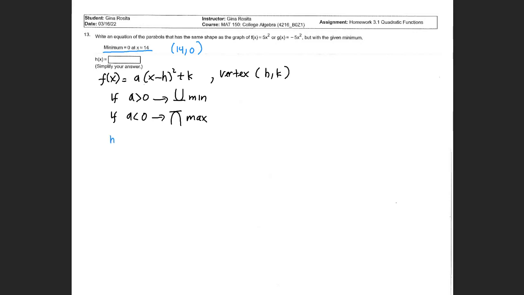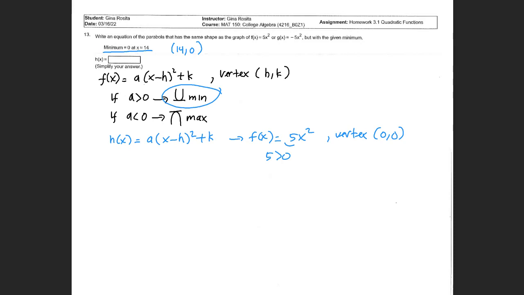Just write it again. For the general formula, f of x equals a times x minus h squared plus k. Which one do you choose? We choose f of x equals 5x squared with vertex 0, 0, because we need a minimum. So we need a greater than 0, because 5 is greater than 0. So we choose that one.